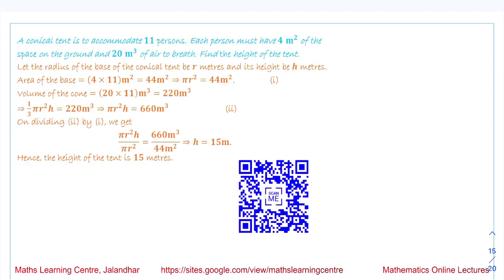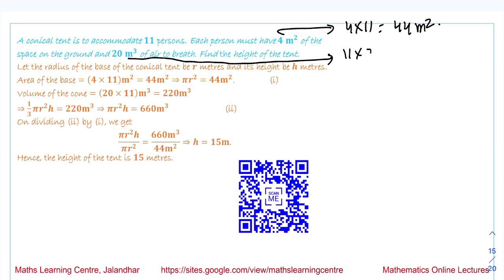Now next we are given that 11 persons are to be accommodated in a tent, and each person requires 4 meters square of space on the ground and 20 meters cube of air to breathe. So the total area required on the ground is 4 into 11, that is 44 meters square, and the total volume required is 11 into 20, that is 220 meter cube.